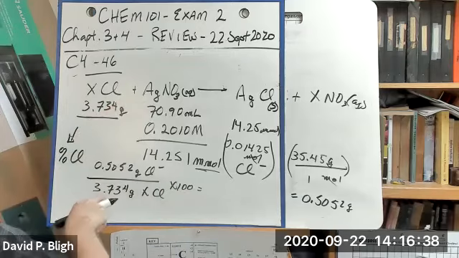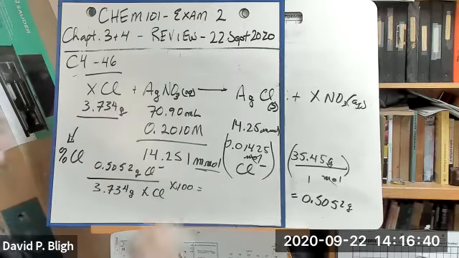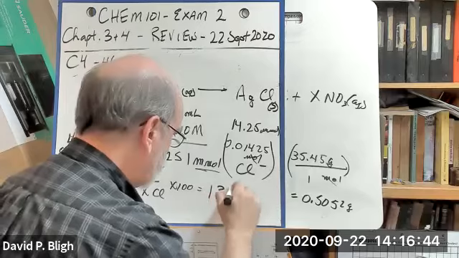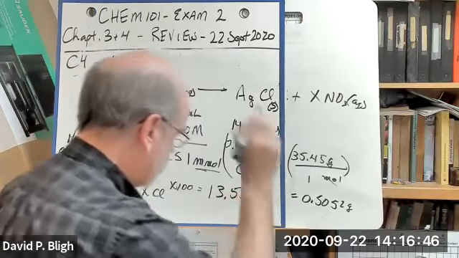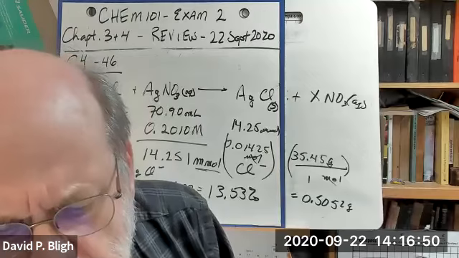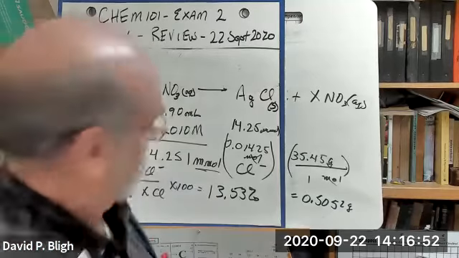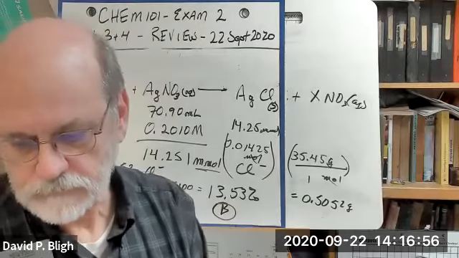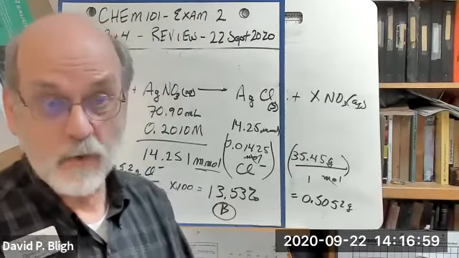Let's see. 4 significant figures, 13.53. Now, what comes close to that? Exactly, B. There you go. So that's kind of a detective story also.